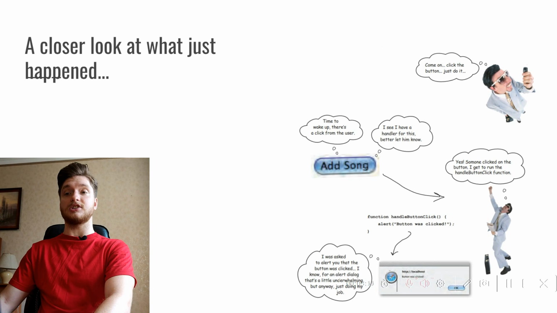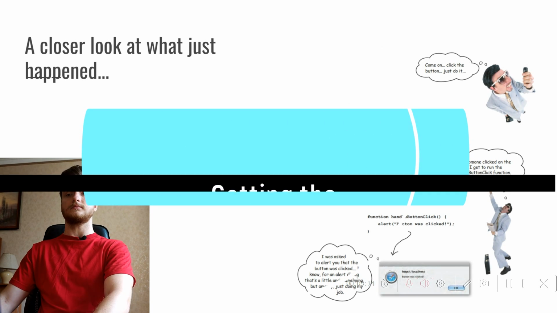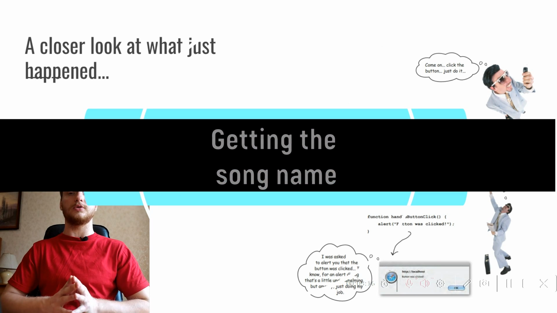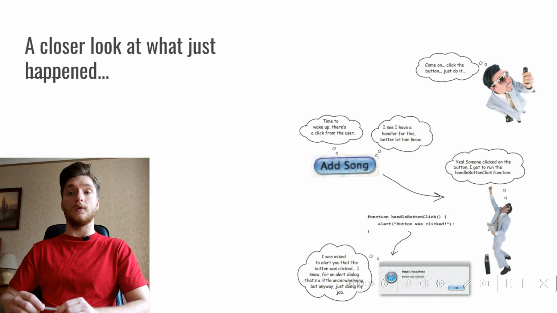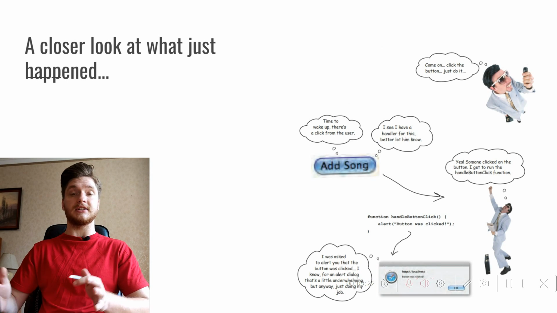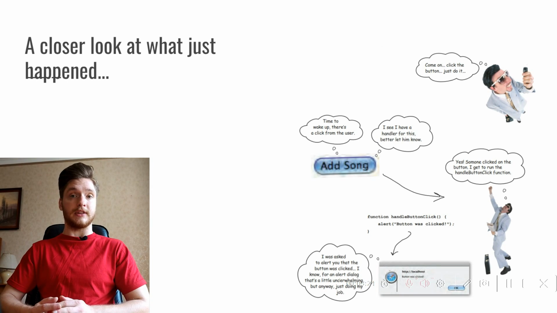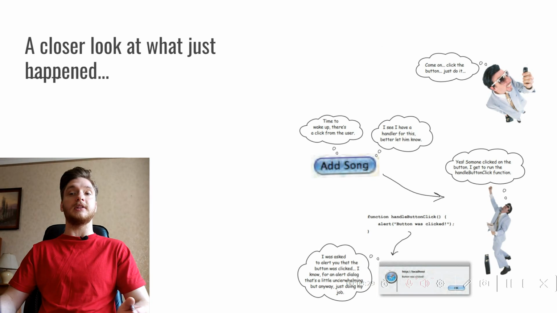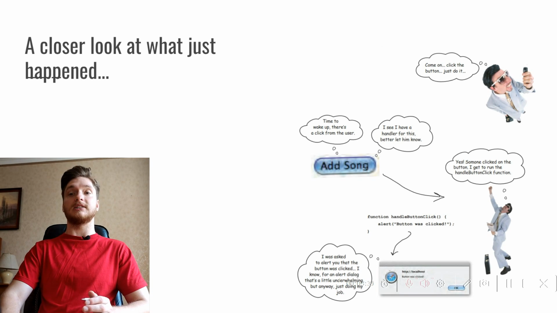And getting the song name. We're ready to move on to the second step of our task, getting the song name that the user has typed in. Once we have that, we can think about how we're going to display the playlist in the browser. But how are we going to get the song name?